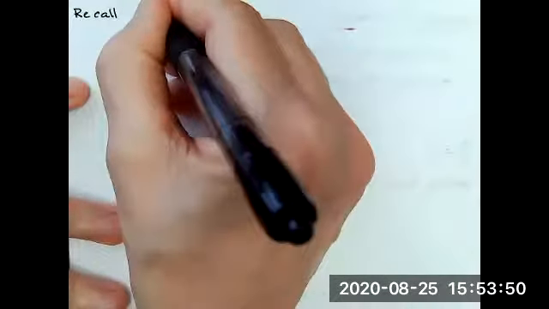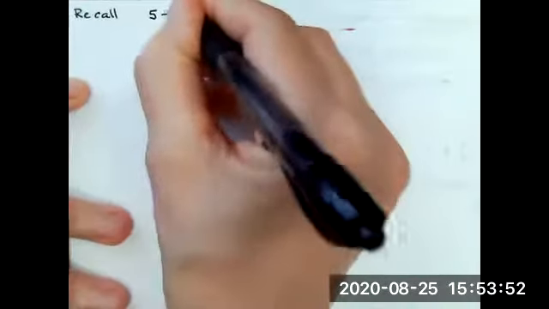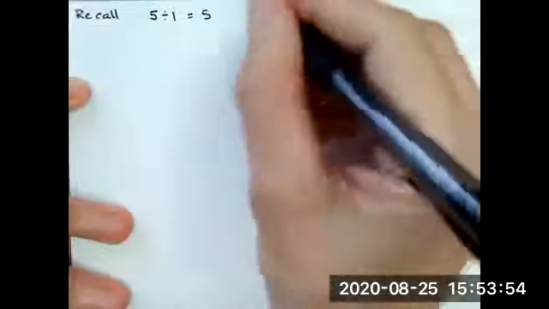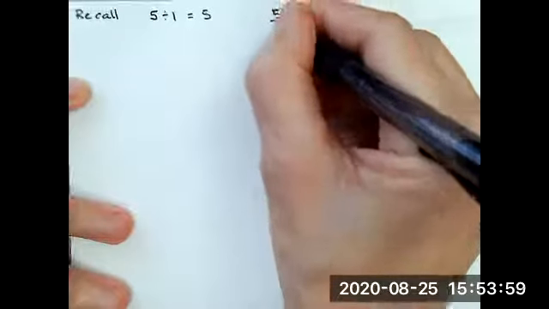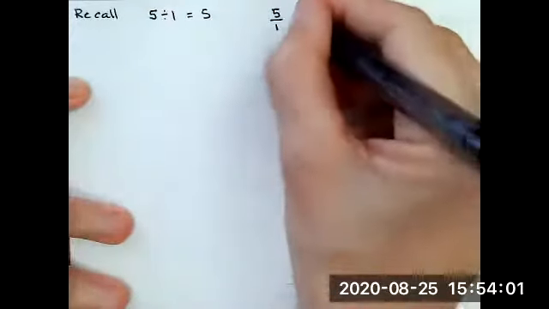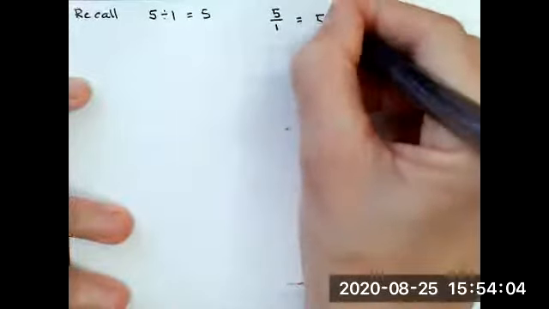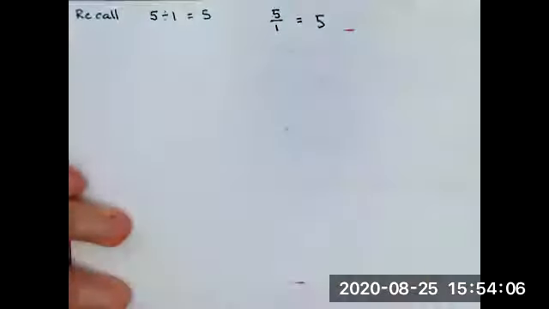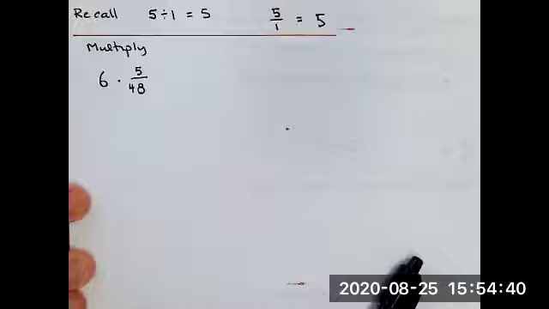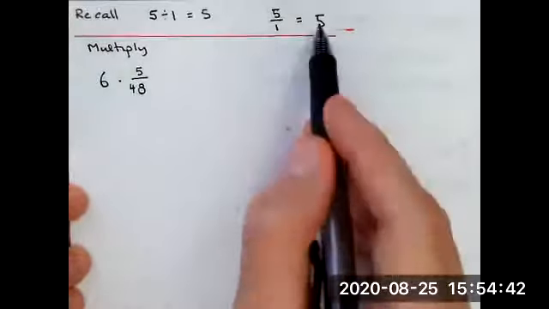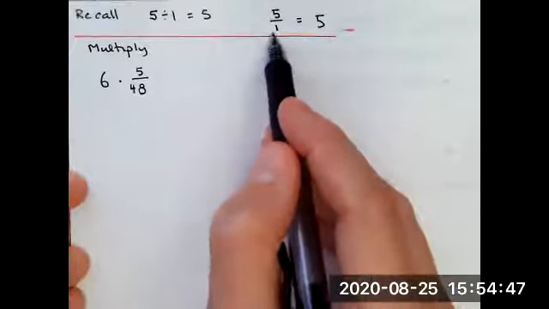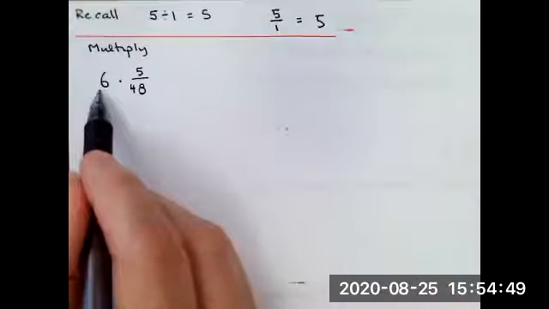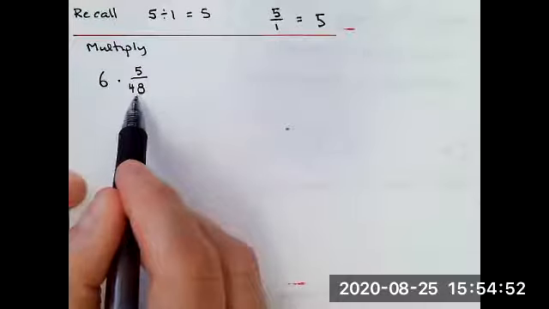All right, for the next problem, let's recall that 5 divided by 1 is equal to 5. And you can write 5 divided by 1 as a fraction by putting the 1 in the denominator. So we can use this idea to write a whole number as a fraction when you're multiplying a whole number times a fraction.